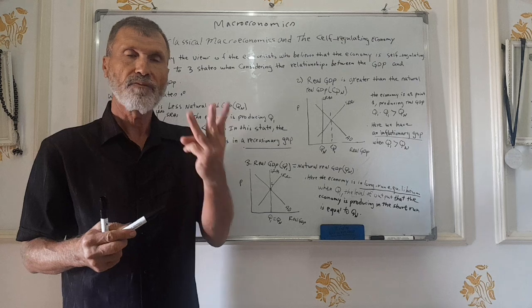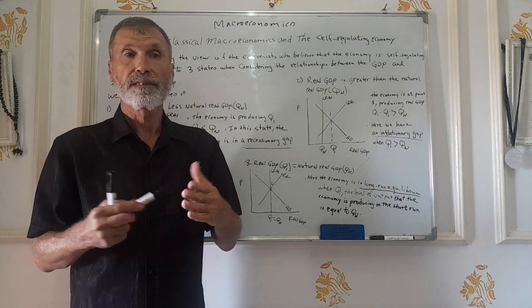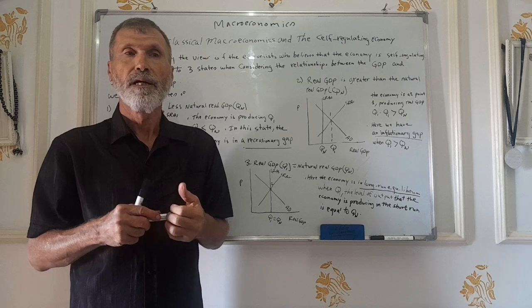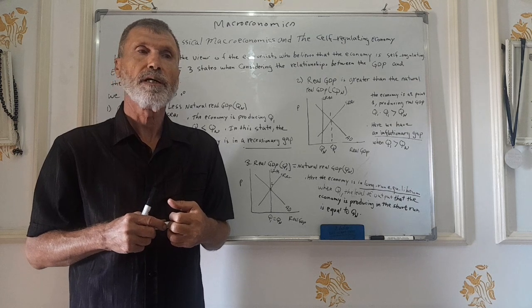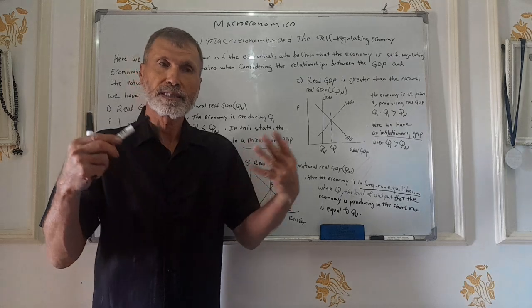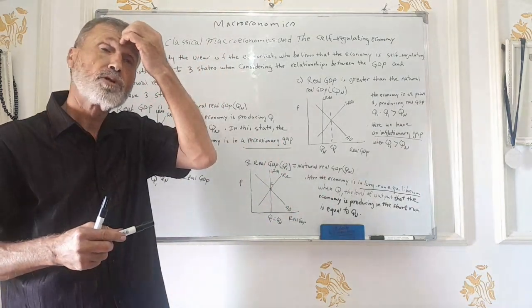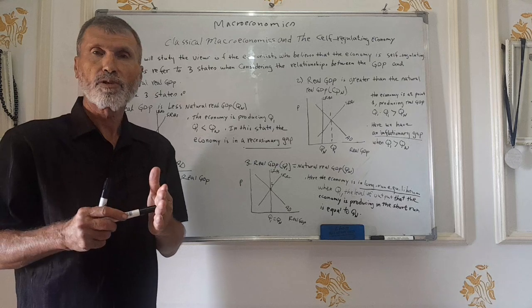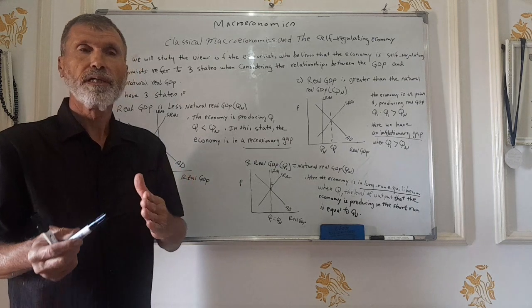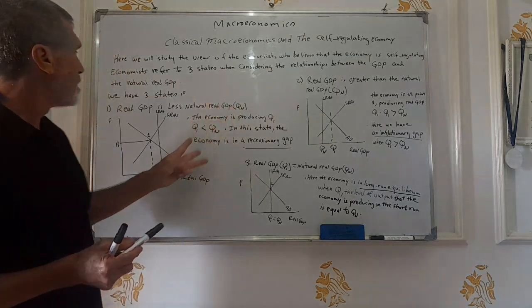So as I said, we have three states in the economy. That's how the economists who believe that the economy is self-regulating refer to the relationship between the level of output that the economy is producing in the short term and the natural GDP.